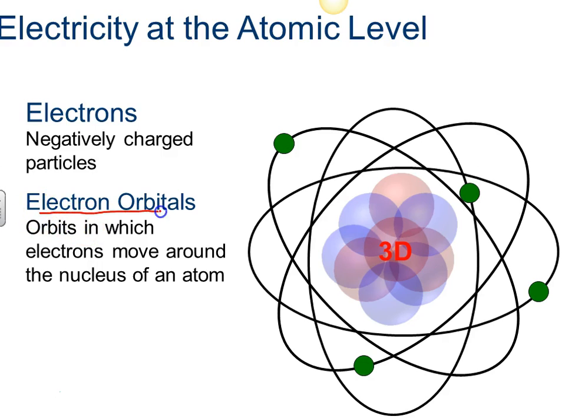But we would say that the electrons are in spaces in this electron cloud outside the nucleus known as orbitals. And orbitals are orbits in which electrons move around the nucleus of the atom. This particular model of the atom shows them as ellipses going around the atomic nucleus, which is not really the modern view of the atom.